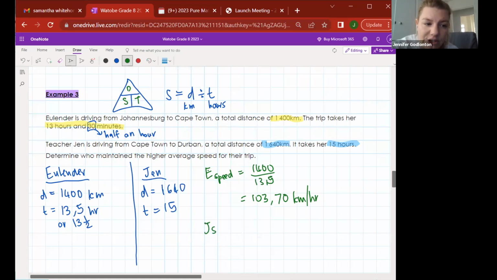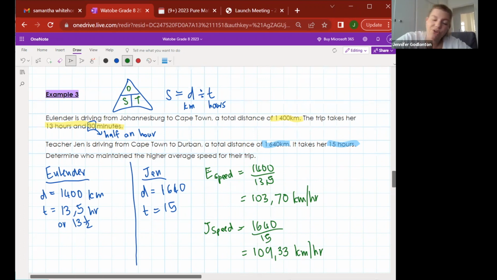And then we've got Jen's speed, which is equal to 1640 over 15. We pop that into our calculator and we get 109.33 kilometers per hour.